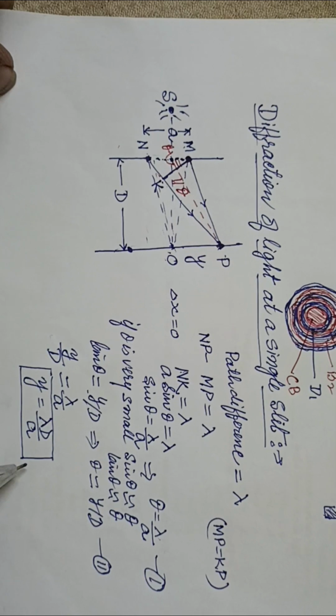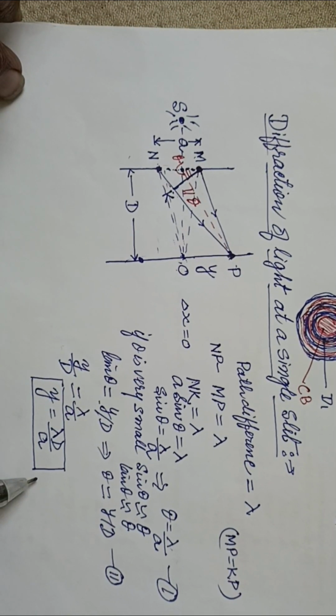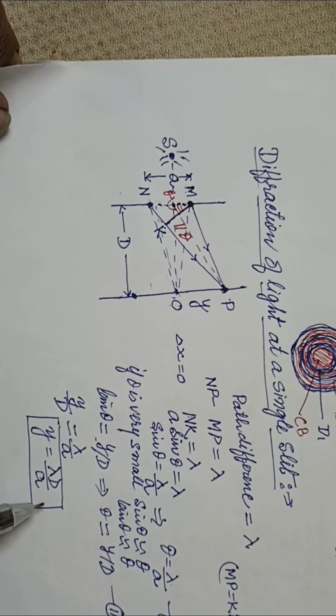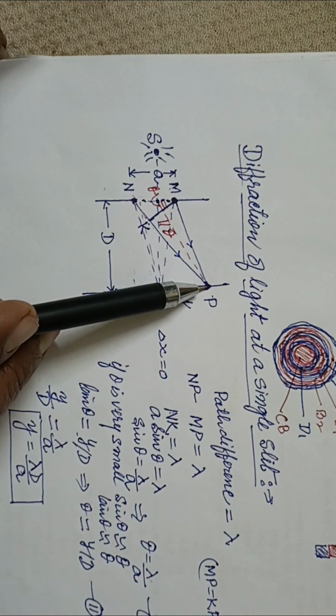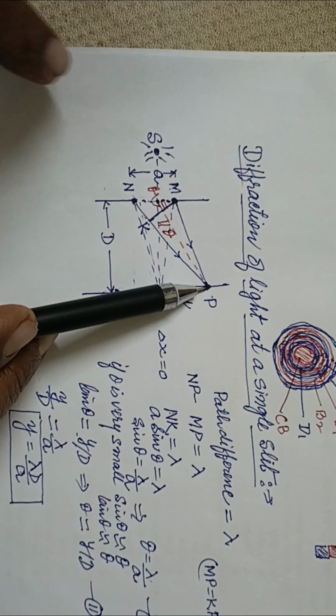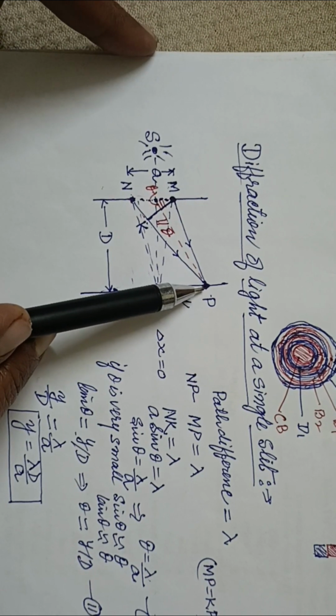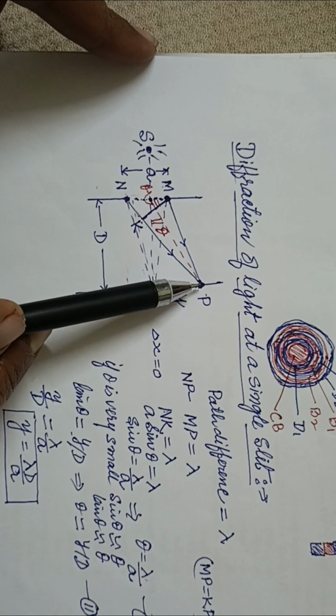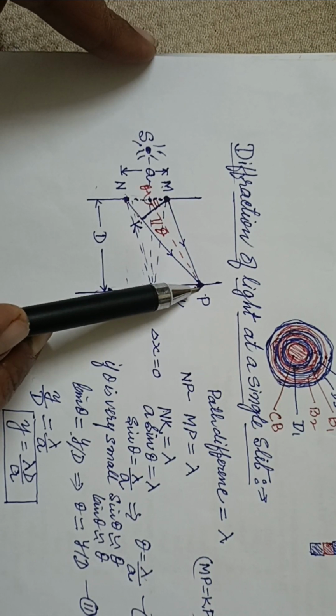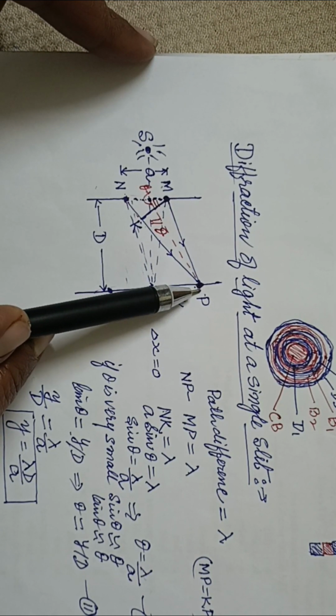Now let us consider a few things and think about what type of condition will arise at this point, whether it is dark or bright. So this is the point where you will get the first dark.